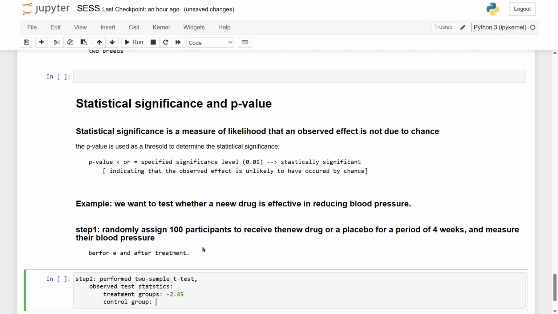Okay, I'm just taking the mean change. So the mean change between the treatment group and control group is 2.45. That's what we got.